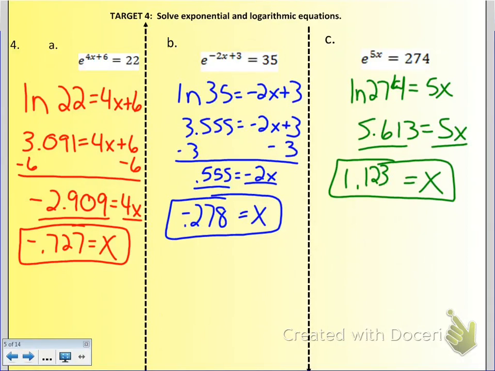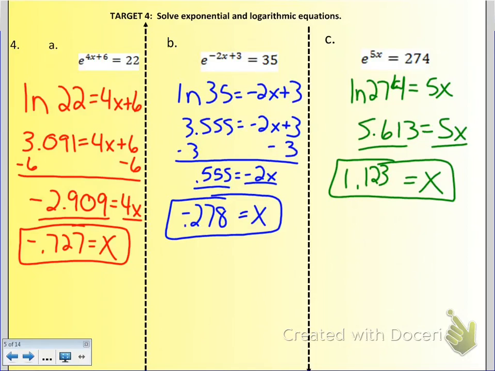Okay, here in blue, we write it into logarithmic form, in this case natural logarithmic form. And the natural log of 35 equals negative 2x plus 3. The natural log of 35 is 3.555 equals negative 2x plus 3. Solve the equation, so we end up with 0.555 equals negative 2x. Divide both sides by negative 2, and you get x equals negative 0.278.